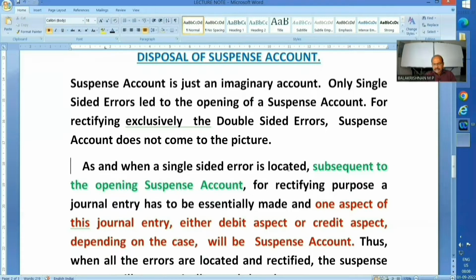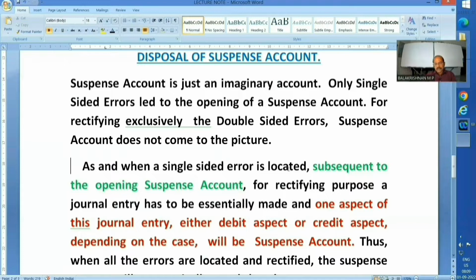A single-sided error is located subsequent to the opening of a suspense account. When do you open the suspense account? Because in spite of our best effort, we could not tally the trial balance. Hence, as just explained above, a suspense account was inserted in a trial balance, or in other words, a suspense account was opened.